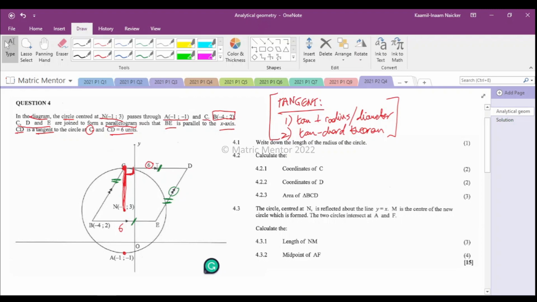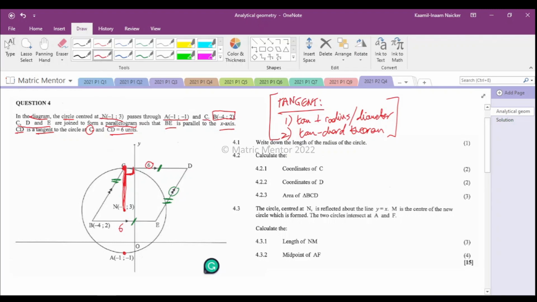And if CD is parallel to the x-axis, then CN is perpendicular to it. And a line perpendicular to the x-axis will be essentially parallel to the y-axis. So I know that C is vertically in line with N, okay? And we're going to need to use this information later, so if it doesn't make sense, don't stress. I will explain it again when we get to that part of the question.